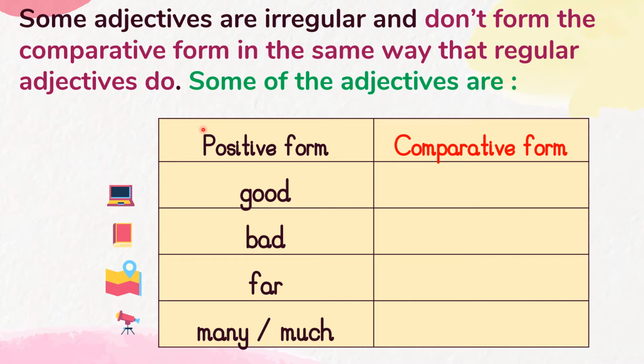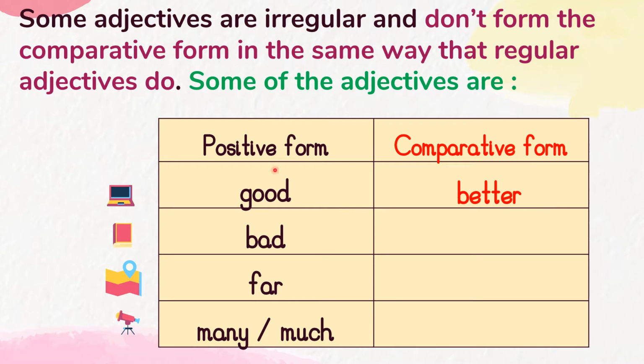Like just now we discussed, some adjectives use er and some use more plus the original adjective. But those are very special ones. For example, good, in the comparative form is better. Better than. Double T, better. So good, the adjective, will turn out to be better.